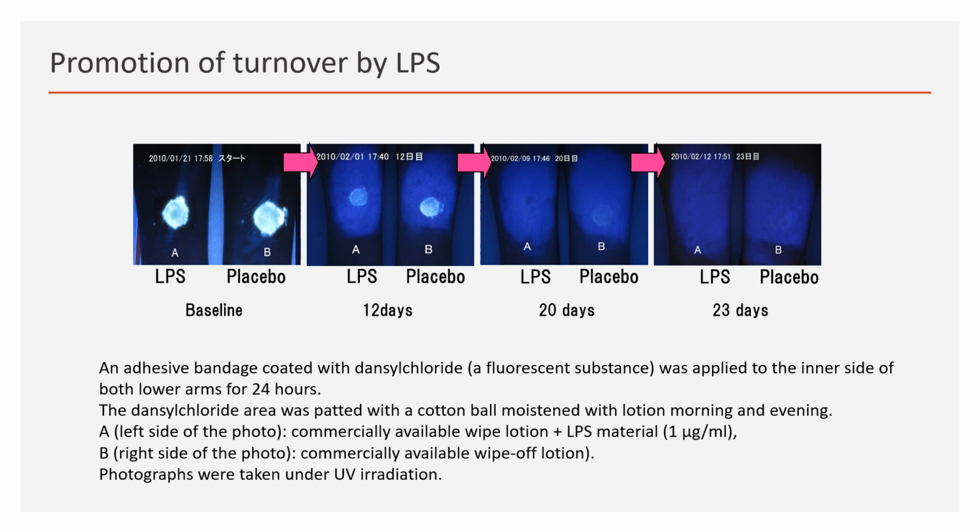As a result, dansyl chloride fluorescence disappeared more quickly on the arms patted with the lotion containing LPS. 5 subjects performed this test, and the results were the same for all of them. Here is one case with clear photos. As you can see, LPS is expected to promote turnover by promoting autophagy.